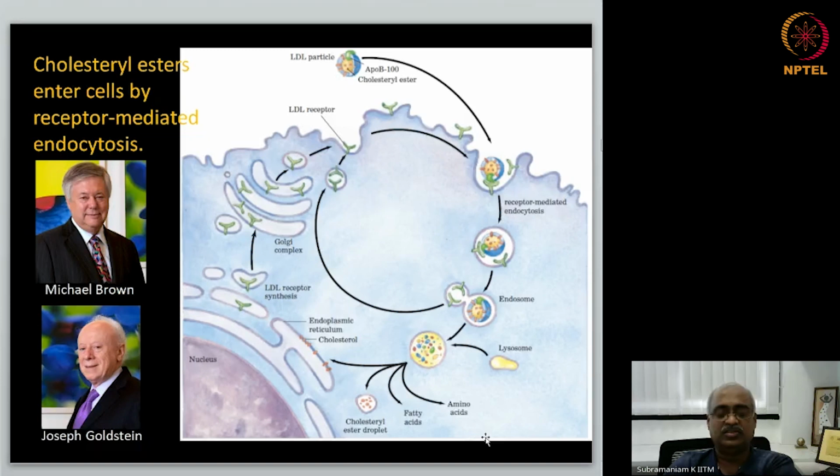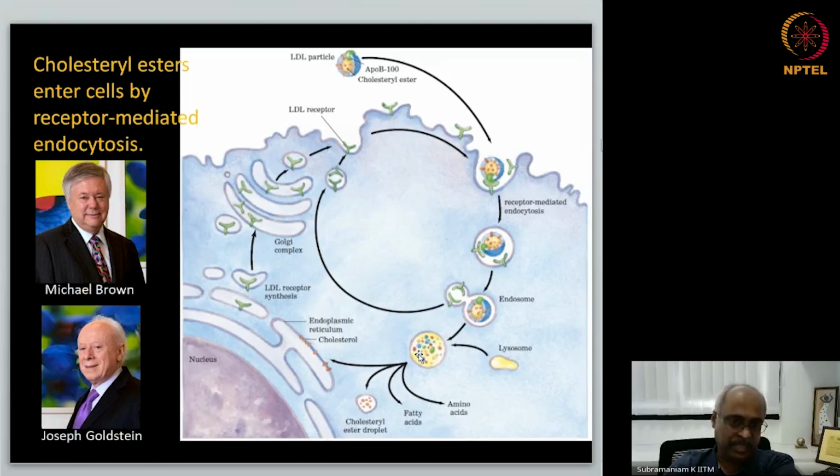Okay, and that goes into the central amino acid pool. However, this receptor doesn't get hydrolyzed, and it goes back and fuses to the membrane, and that's how it gets recycled for continuous operation of this endocytotic uptake and delivery of this cargo to lysosomes.